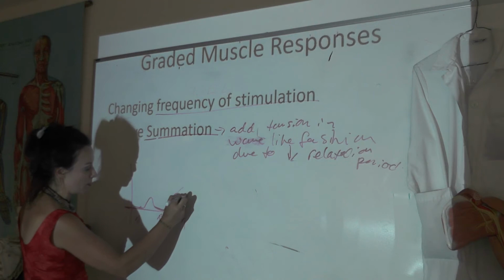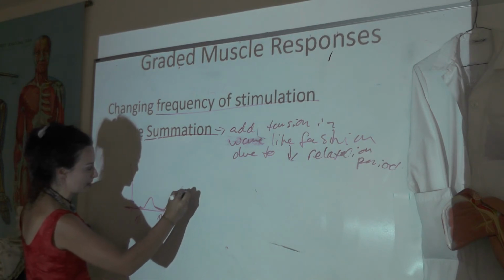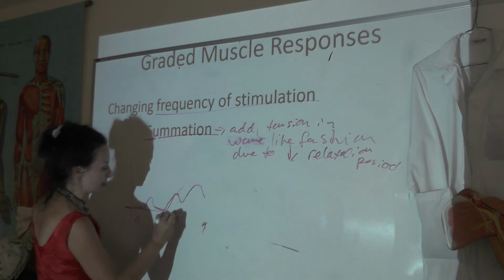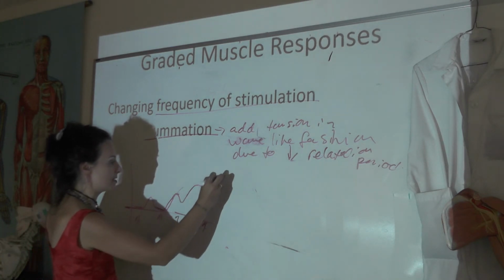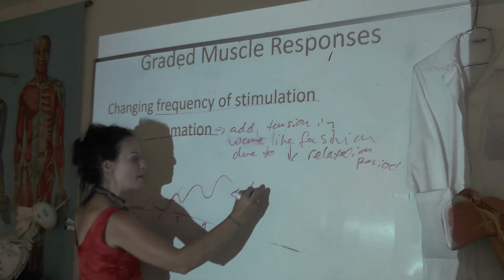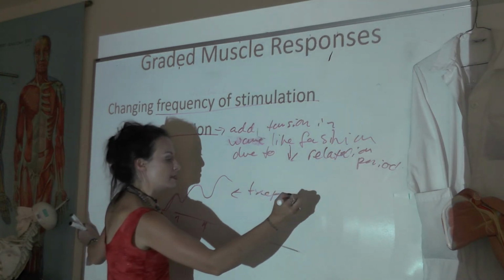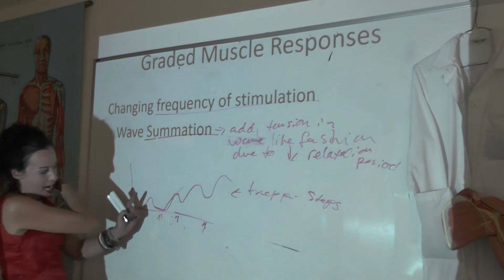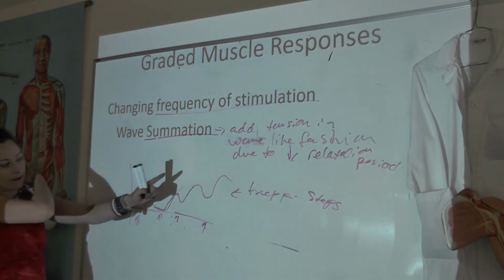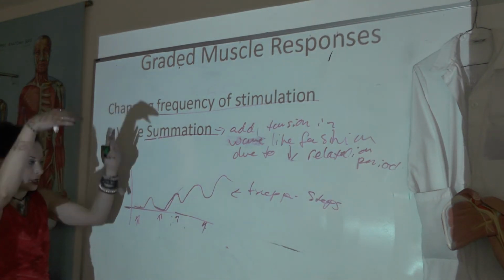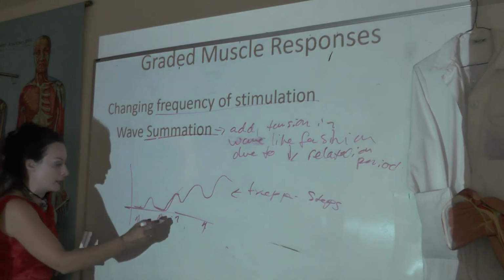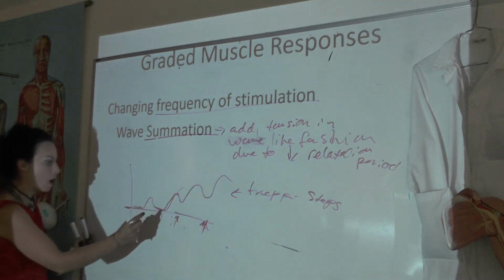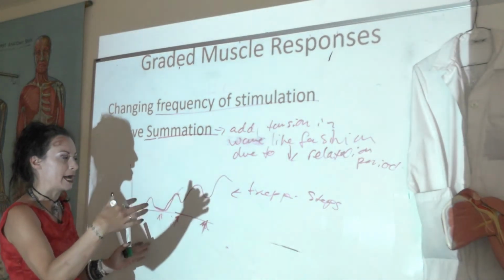Then I'm going to generate tension, but then I'm going to start to relax, but then I stimulate right there. So this develops what we call treppe, which means stairs or steps. This is a stepwise or step-like development in tension as we increase the frequency of stimulation but allow for a small period of relaxation.